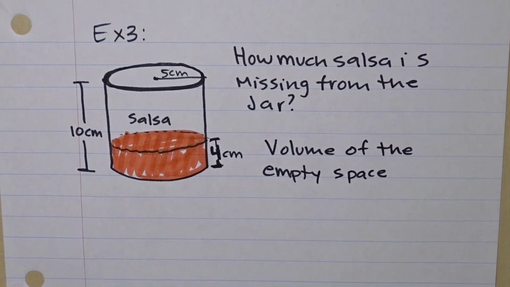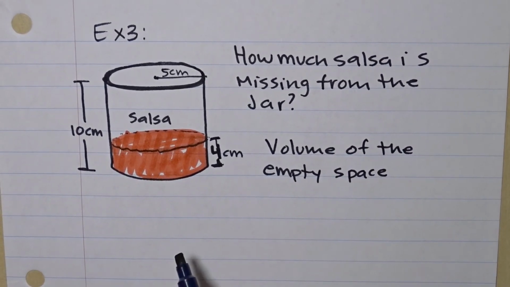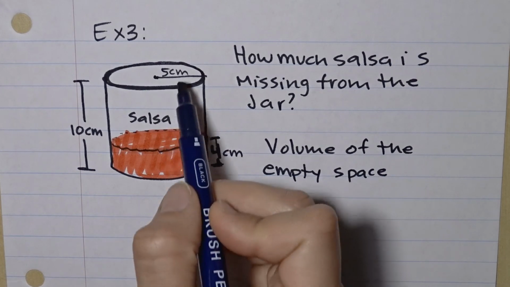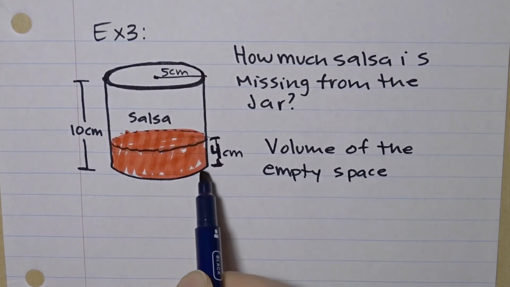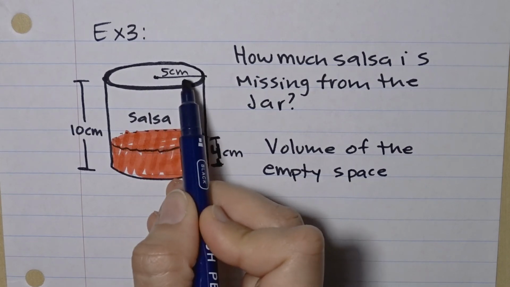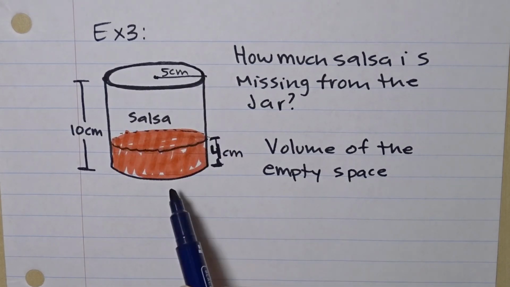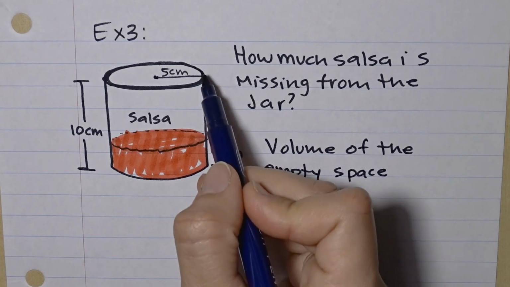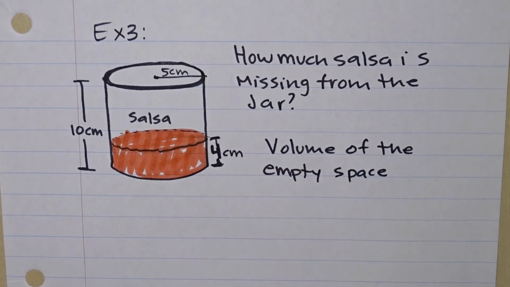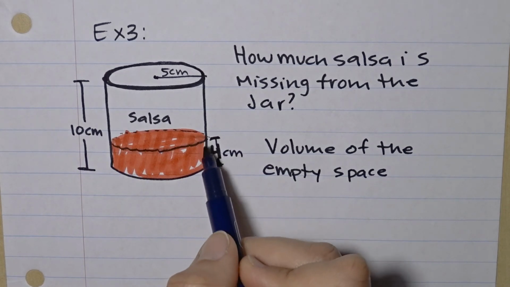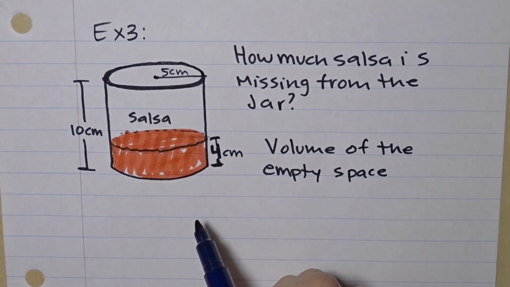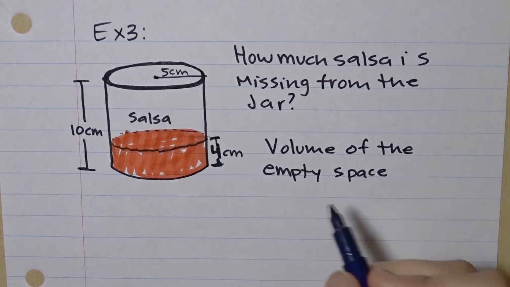All right, so what would be the dimensions of that empty space? So we have 5 centimeters, the radius of the base, which would be the same 5 centimeters here. And we have a height of what? If the entire jar was 10, we don't want to include these 4 centimeters of salsa, so we're left with 6.